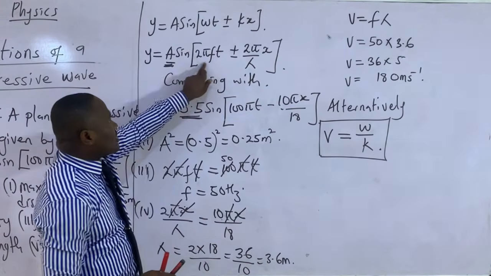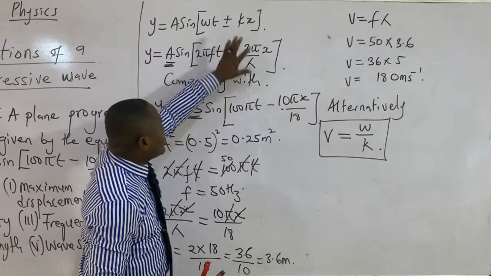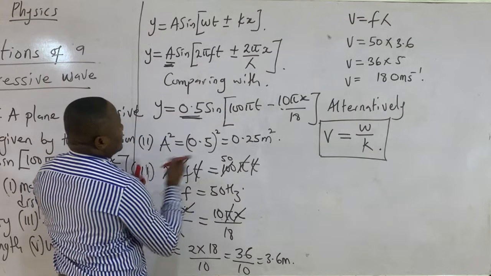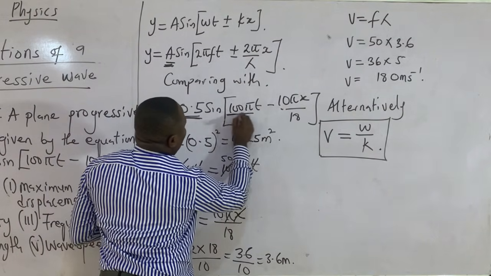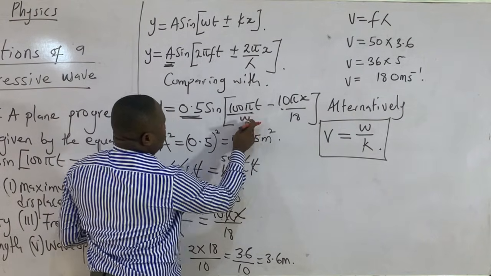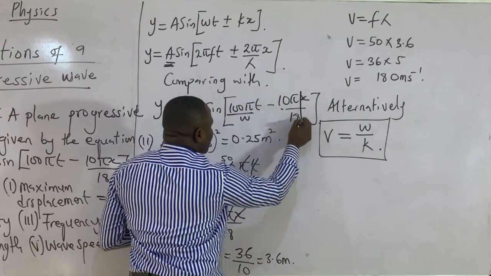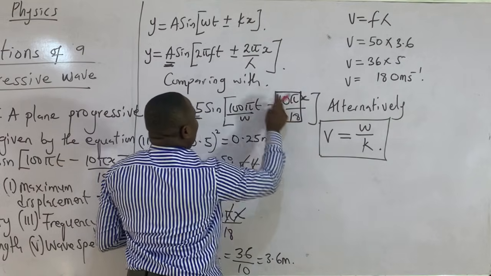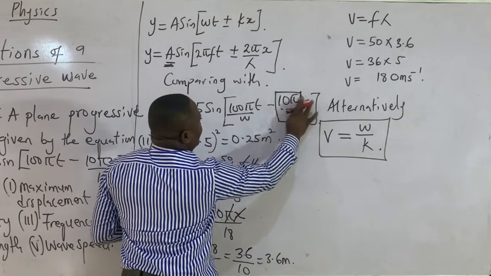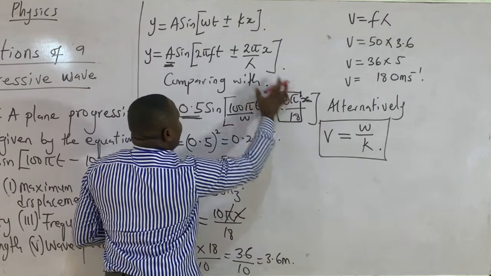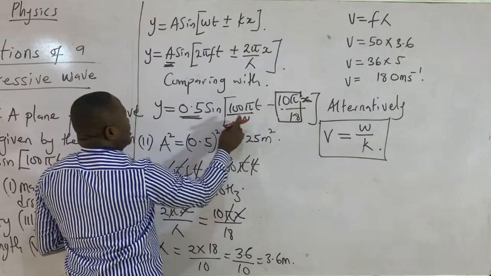Now, if you come over here, you realize that this is w because it is always wt, and this is my k because it's always kx. So there's an x here. So this is k and this is w.